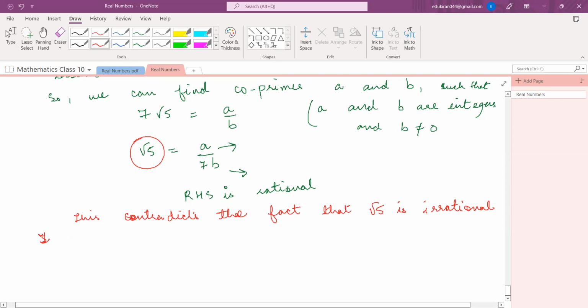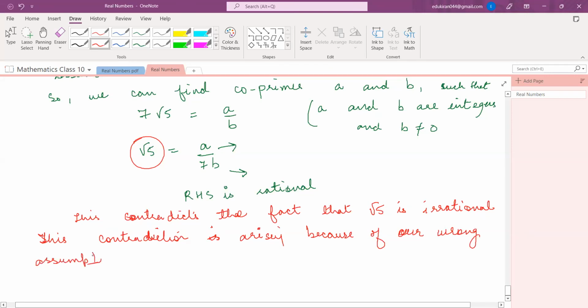So this contradiction is arising because of our wrong assumption that 7 root 5 is rational.